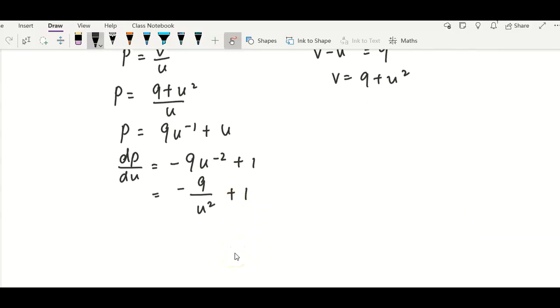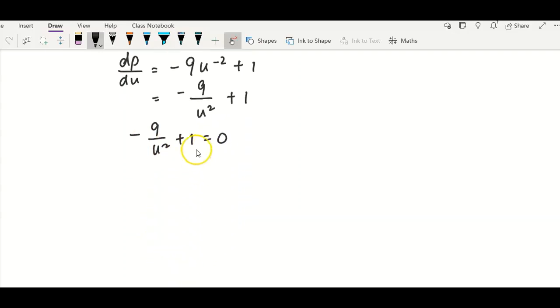And after that, I will let my dP/du equal 0, meaning that negative 9 over u squared plus 1 equals 0. Solve from here, we solve for u. I have u squared equals 9. The u equals positive or negative 3.